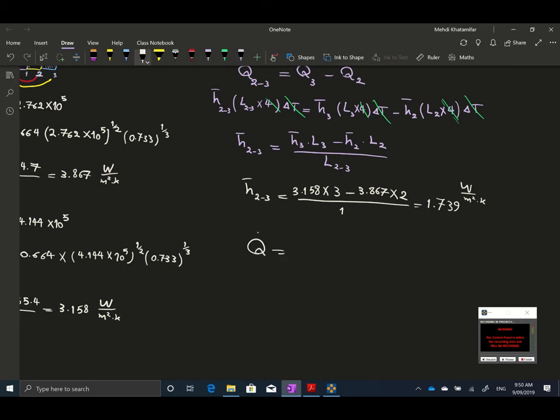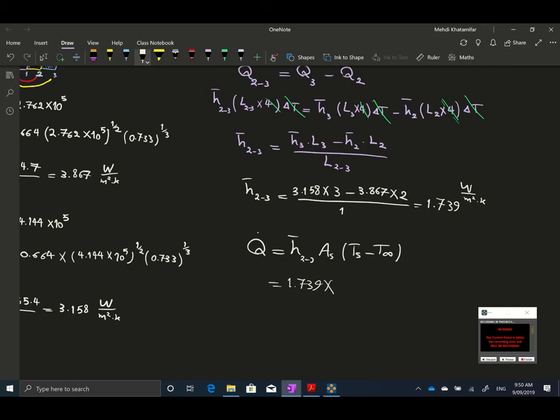Now Q dot is going to be H bar between 2 and 3, area between 2 and 3, and Ts minus T infinity. H bar is 1.739.